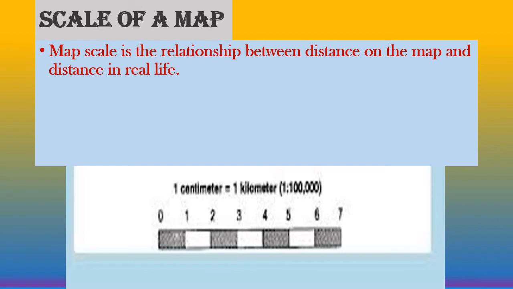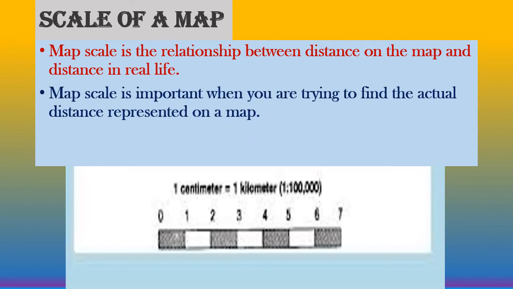So kids, let's talk about the scale of a map. Kids, do you know that every map has some common features on it, like they have scale, some kind of symbols and key. So map scale is the relationship between distance on the map and distance in real life.